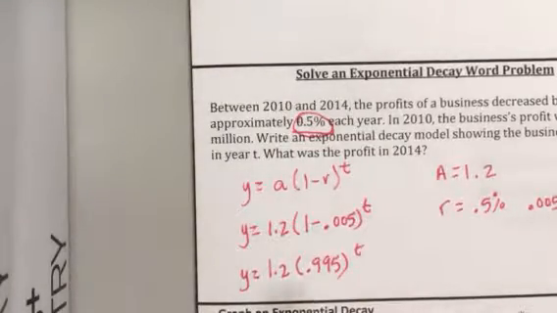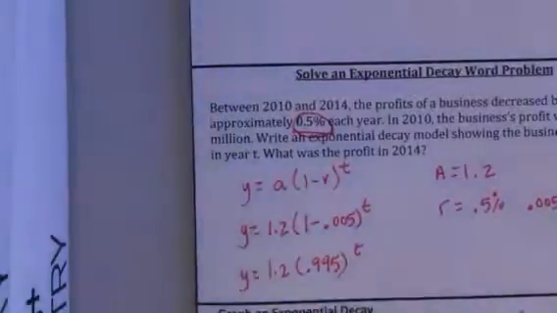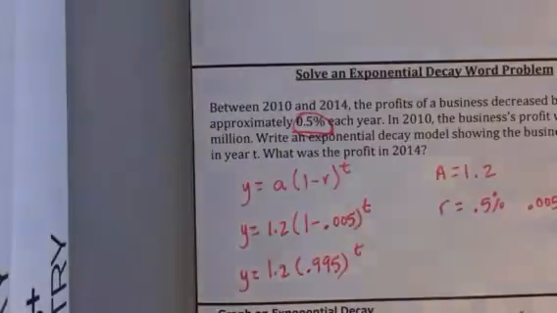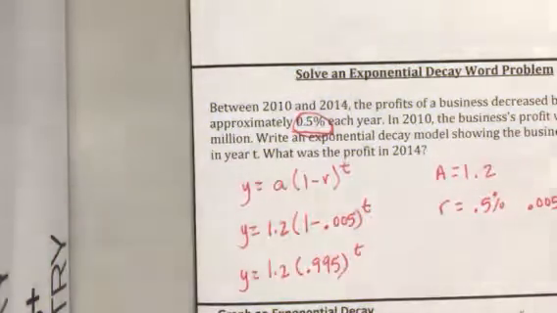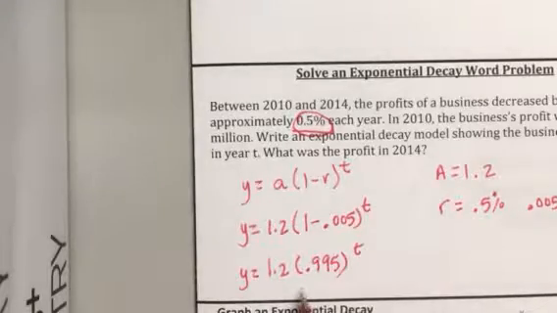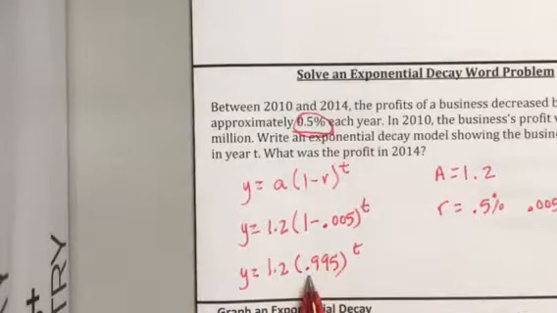Okay, so real quick, I'm going to sidetrack for just a second. Remember I told you the decay is going to be a number less than 1? So if you look here, that number is less than 1.